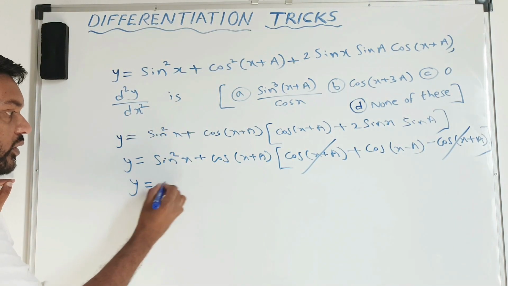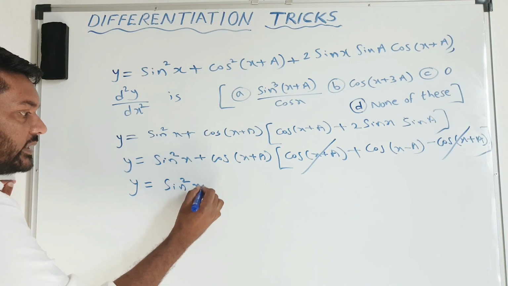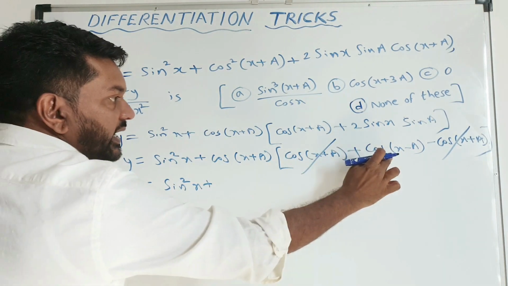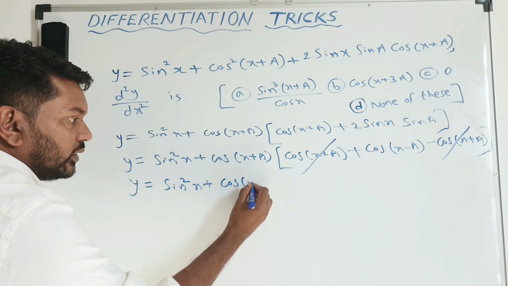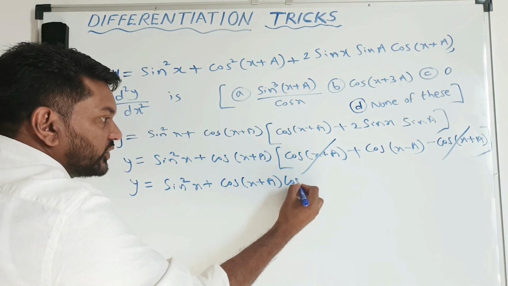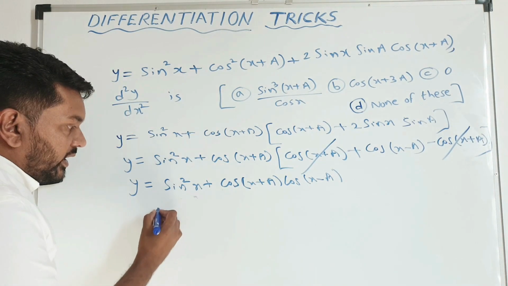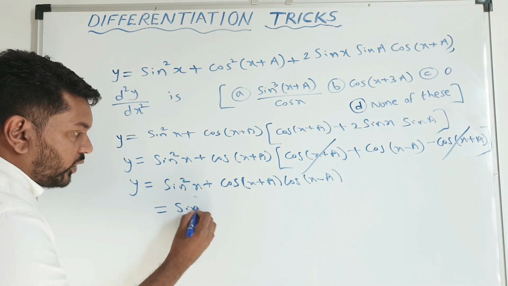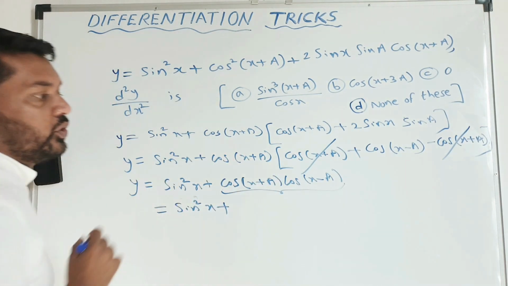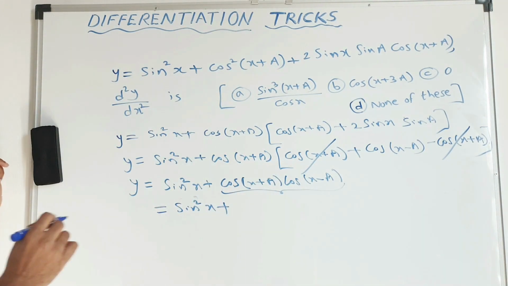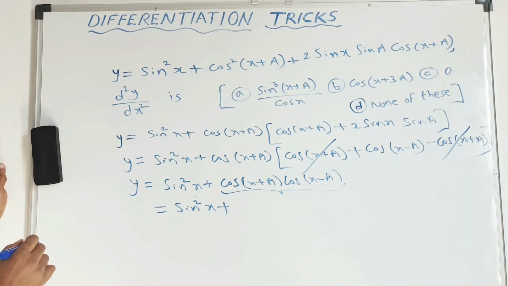So I will be getting y equals sin square x plus cos x plus a into cos x minus a remaining. I am writing that, cos x plus a into cos x minus a. It will be simplified to sin square x plus, this is an identity, cos a plus b into cos a minus b, which is cos square a minus sin square b.